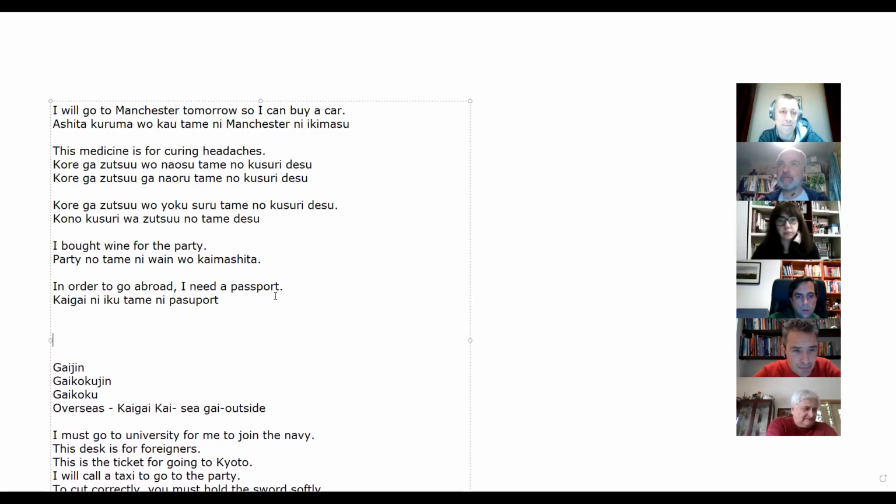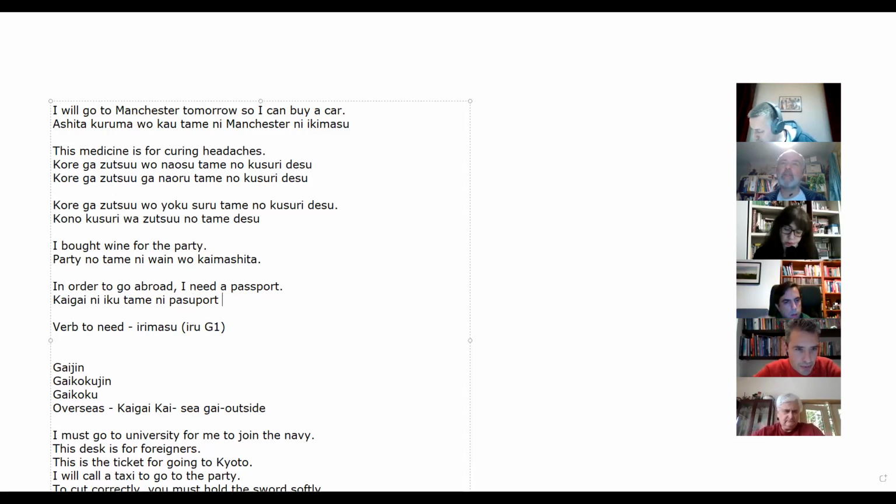So I'm going to keep the original sentence the same. The verb to need is irimasu, iru. This is a group 1 verb. So here, for example, now usually you'd think, well, this should be a transitive verb, so therefore it should be passport o.